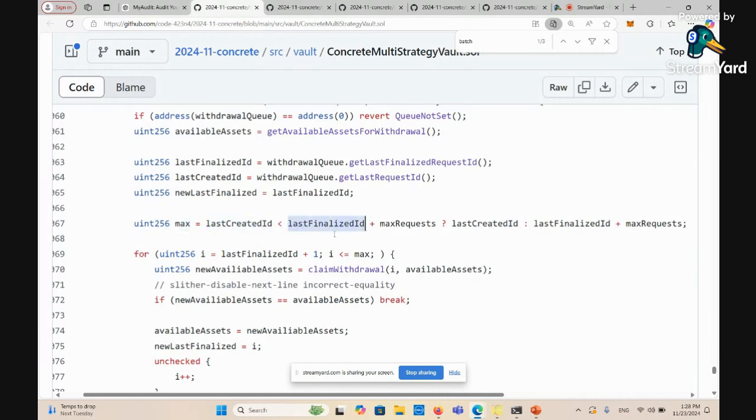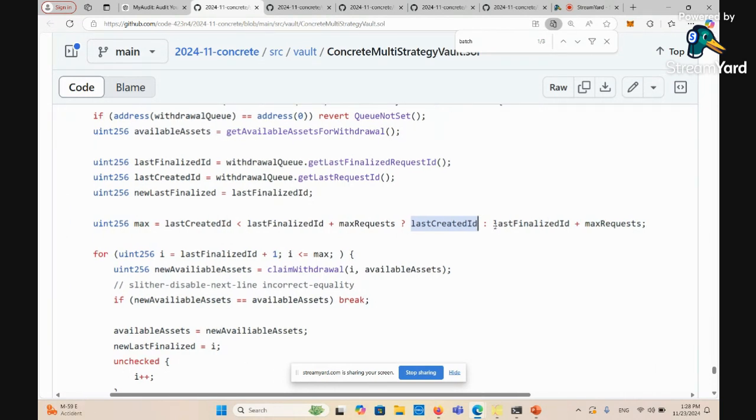There are two cases. They compare this one plus the max request from the argument, and see if this max request is too big. If it's too big, that means you can only finalize up to the second tail, which is the last created ID, the last request ID made.